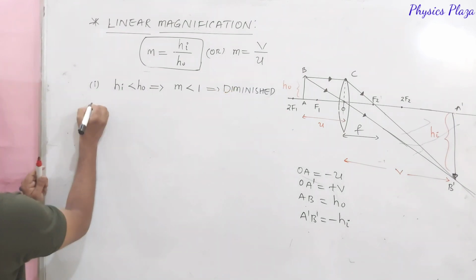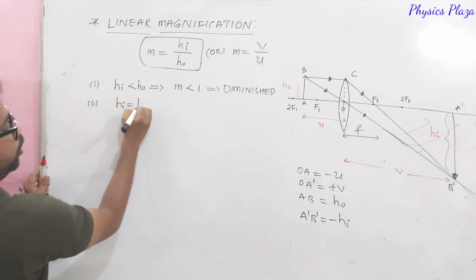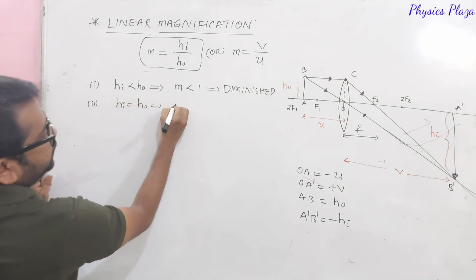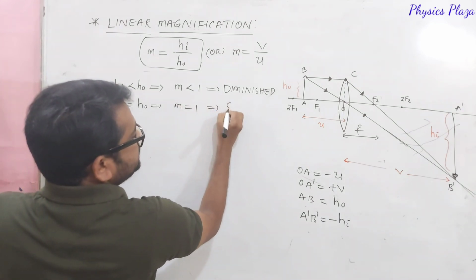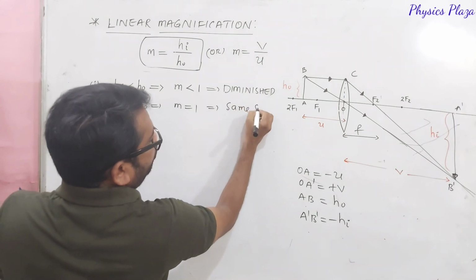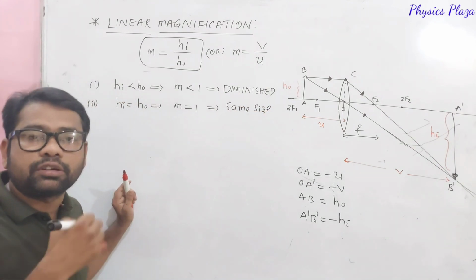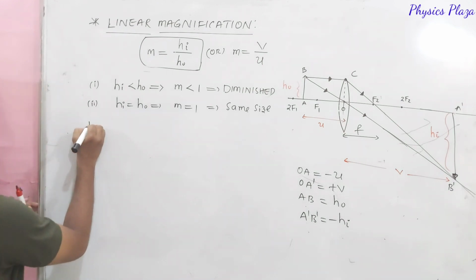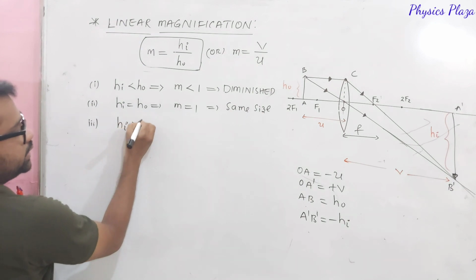Whereas second one, children, what if image height is equal to object height? Then m is going to be 1, which means same size: object size is equal to the image size. And third one: what if hi is greater than h naught?